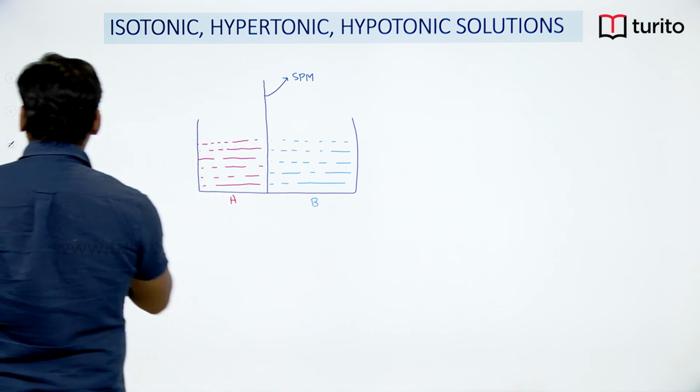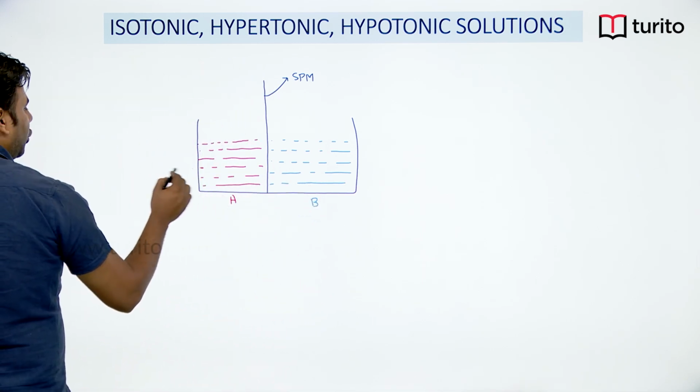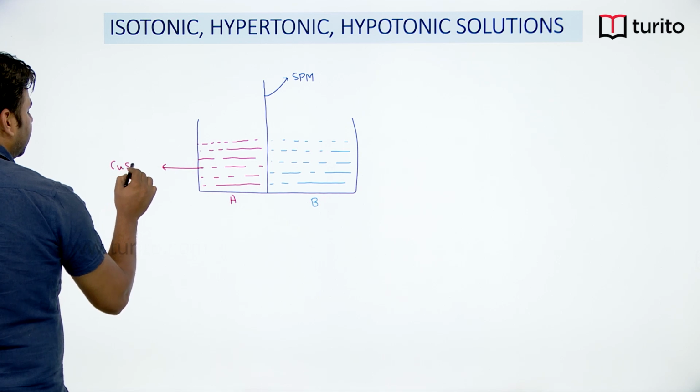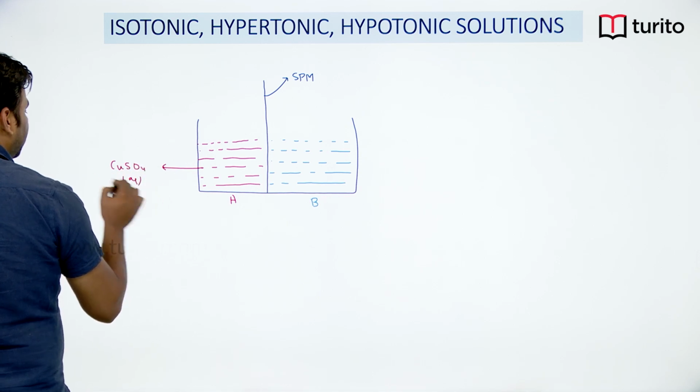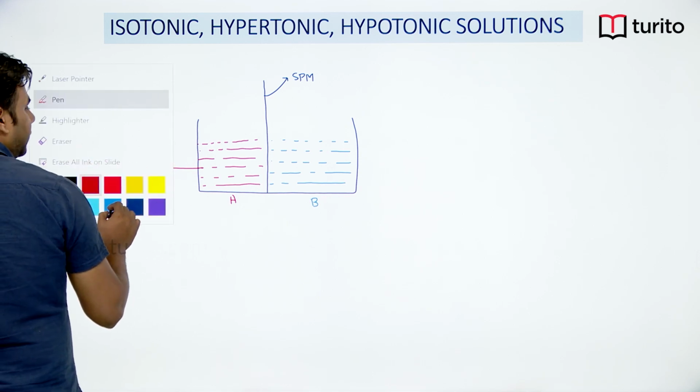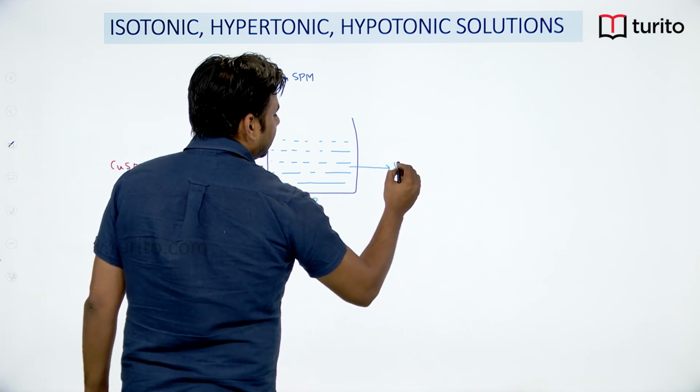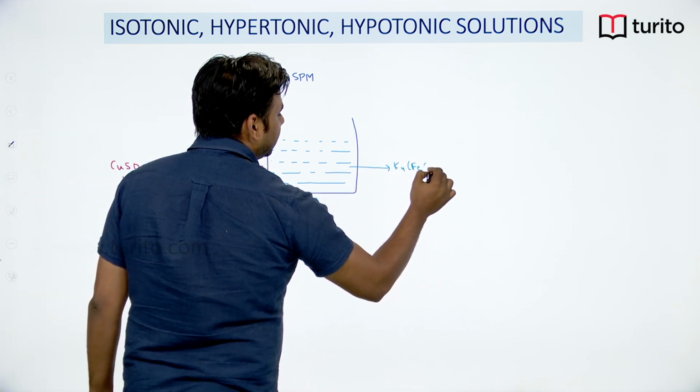Okay, suppose this is a solution of copper sulfate, and let us assume that this is K4[Fe(CN)6] aqueous solution.